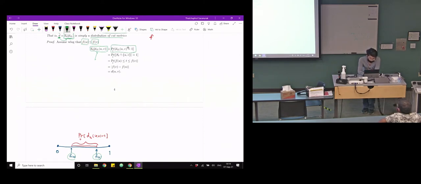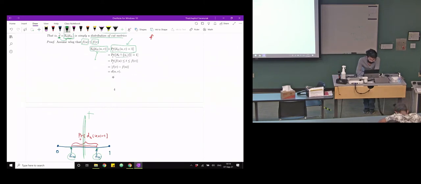When is the distance 1? When you choose a random threshold t and it separates u and v. And when does that happen?